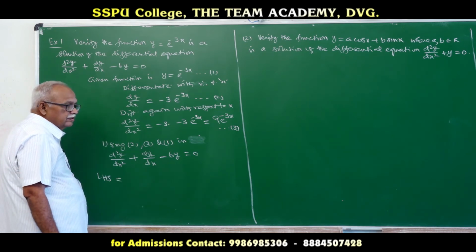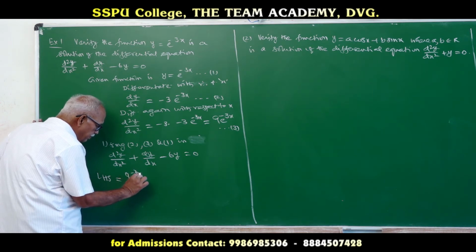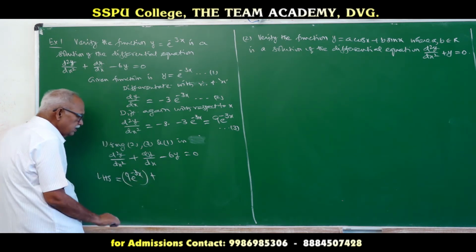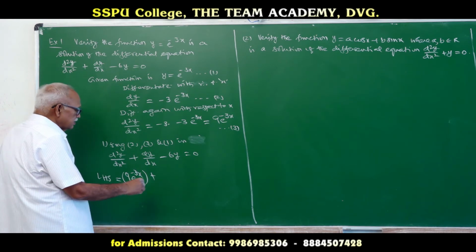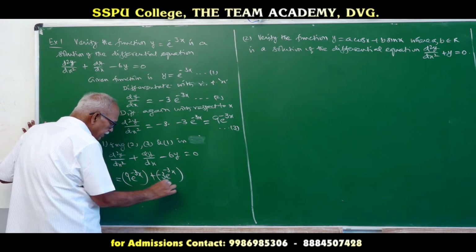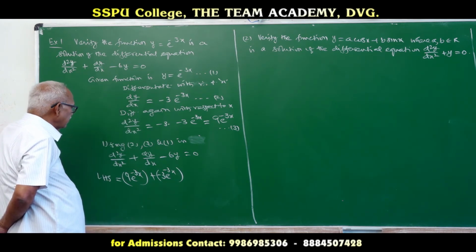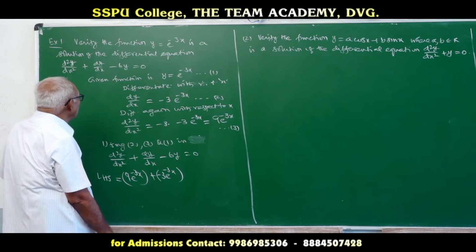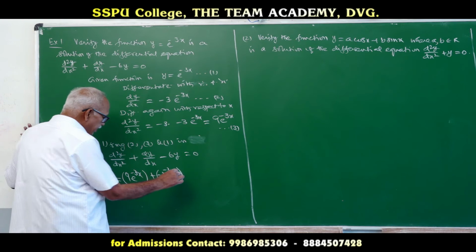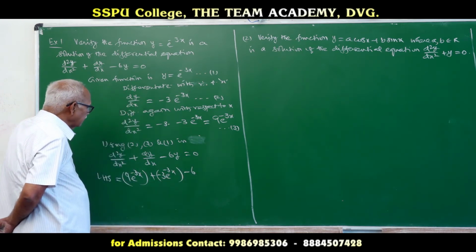What is d square y by dx square? 9 into e power minus 3x plus what is dy by dx? That is minus 3 into e power minus 3x. Minus 6y.